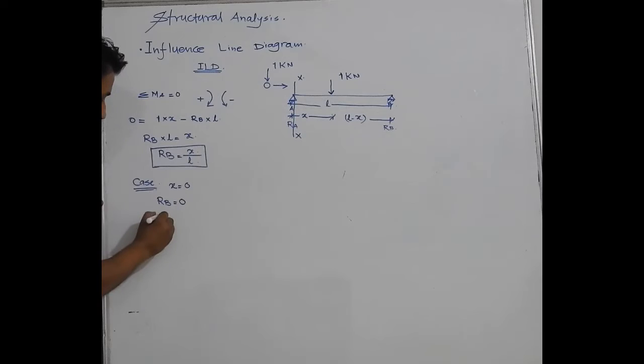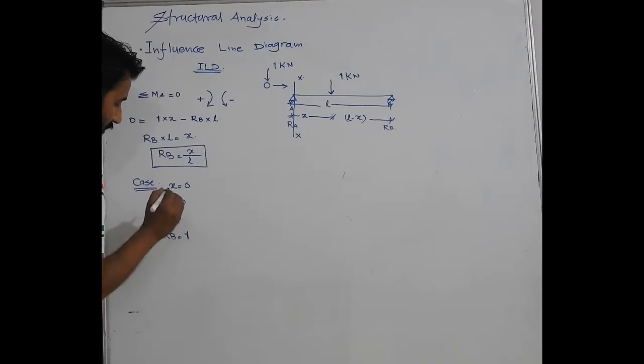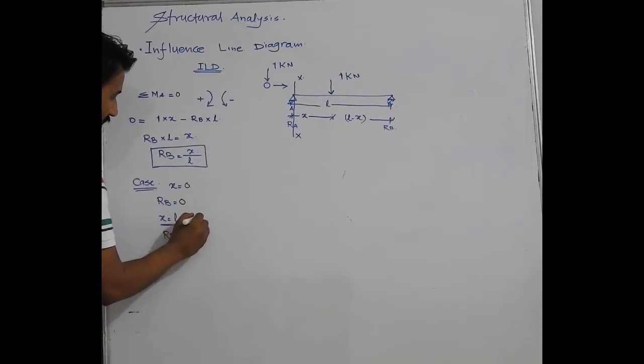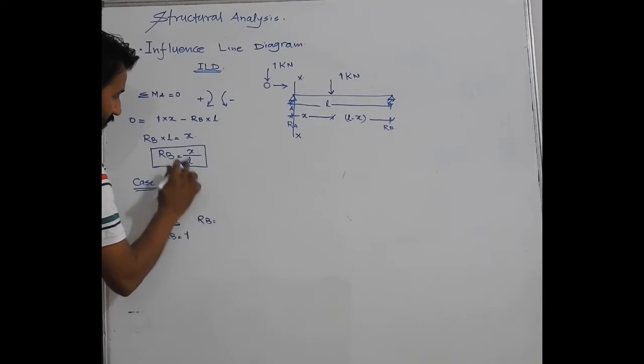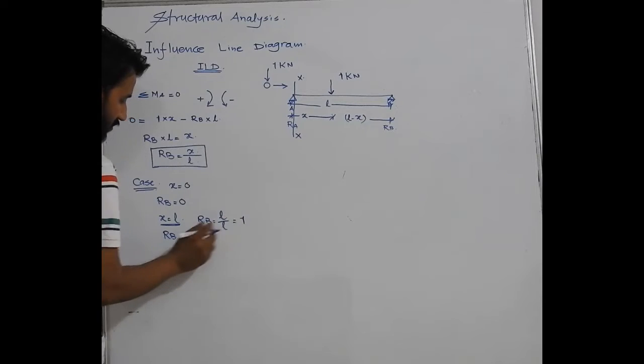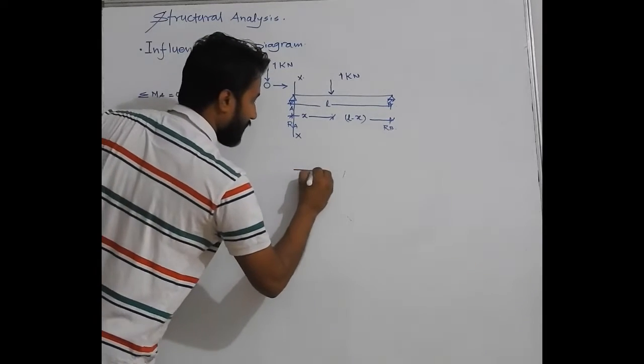When we put x is equal to L, RB is equal to 1, because RB is x by L, so L by L we take as 1. So the RB value at distance L will be 1, and the RB value at distance x equal to 0 will be 0. So the diagram will be like this.